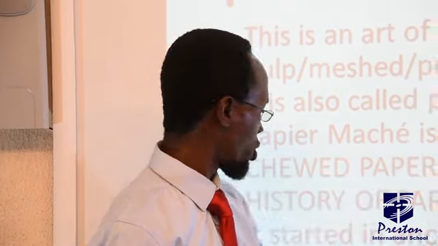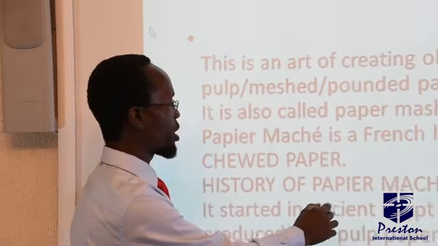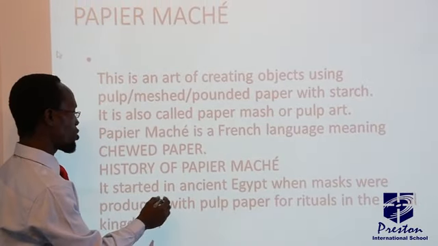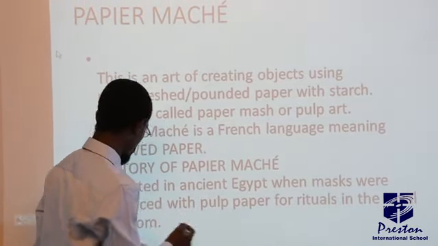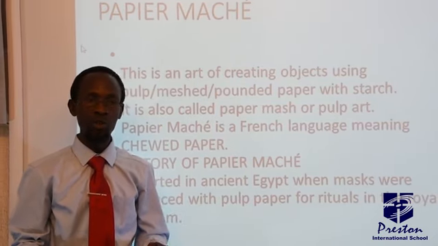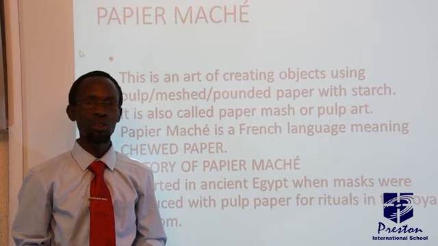Now, paper mache started in ancient Egypt when masks were produced with pulp paper for rituals in the royal kingdom. Like you've been told, Egypt is the origin of civilization. A lot of things came from Egypt, hieroglyphics, letters, and all that. Same as paper mache.